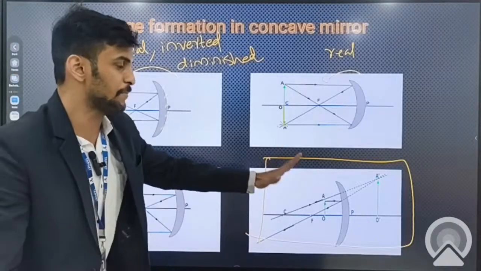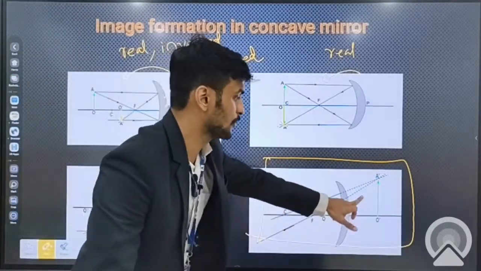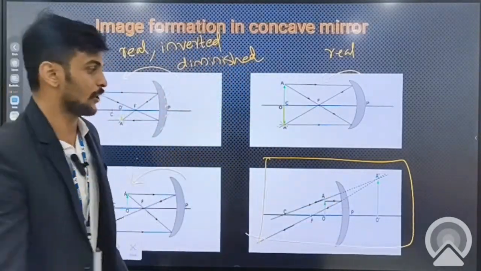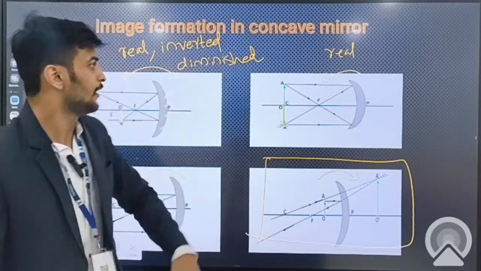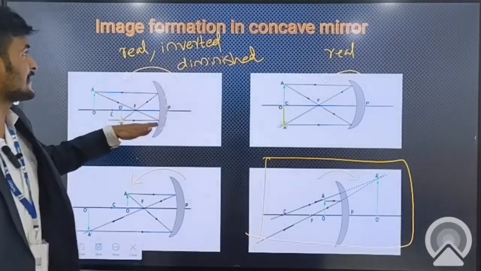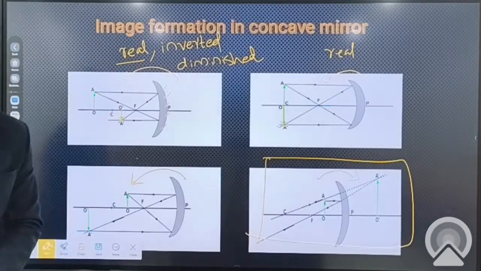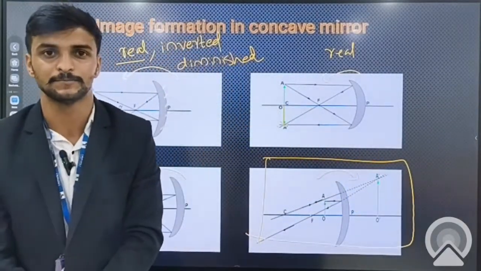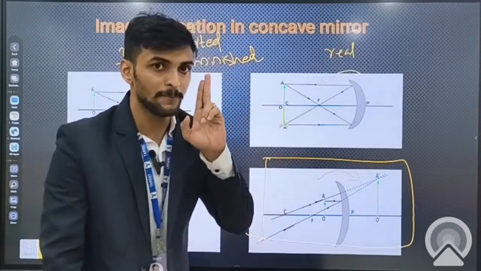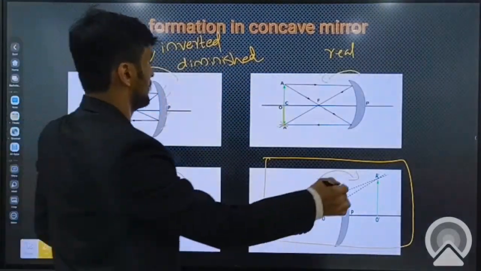Here, in this special case, the concave mirror is producing a virtual image because the image is on the right side. Clear? In all other cases the images were real, images were on the left side, but in this case the image is on the right side. Clear?